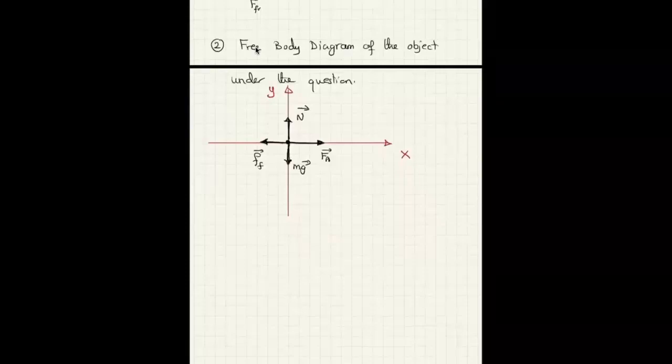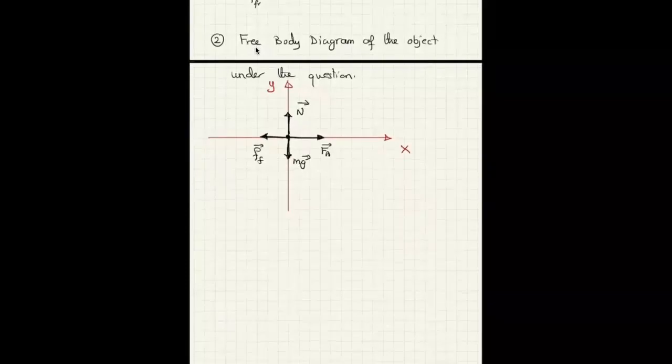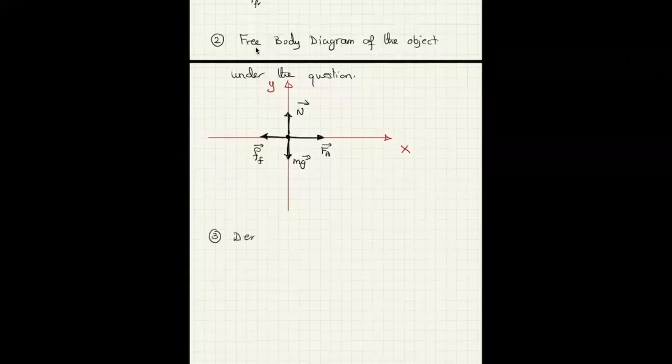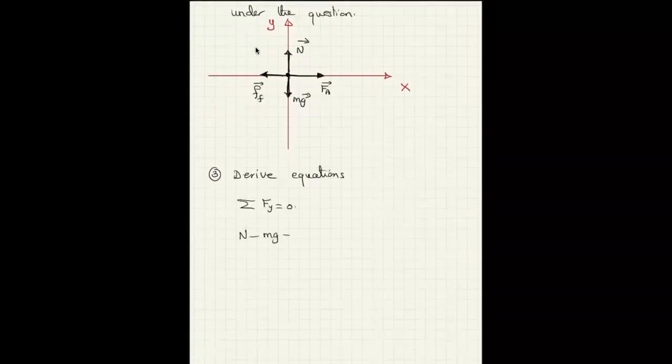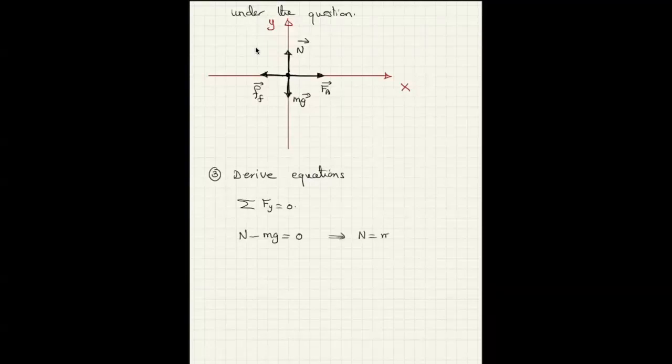Now, in order for me to determine what is really the force of friction, I'm gonna now derive equations. Okay, for this one here, I don't need the X. I need to talk about the vertical first. Then I'm gonna say sigma Fy equals 0. And from that, I will say normal minus mg should equal 0. And from that, you're gonna get normal equals mg.